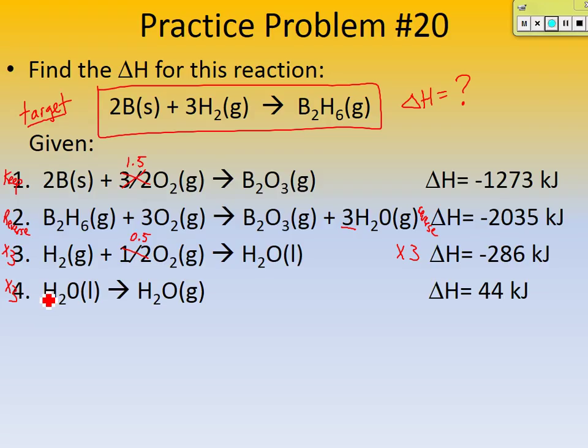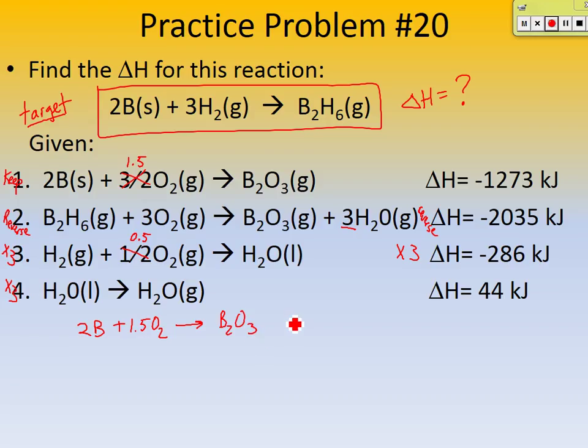So what I'm going to do, I don't have a lot of room. You have more room on your paper than I do. But I'm going to rewrite them following these rules that we said we were going to do. So we're going to keep number 1. So I'm just going to write it down here. So 2 borons plus 1.5 O2 goes to B2O3.